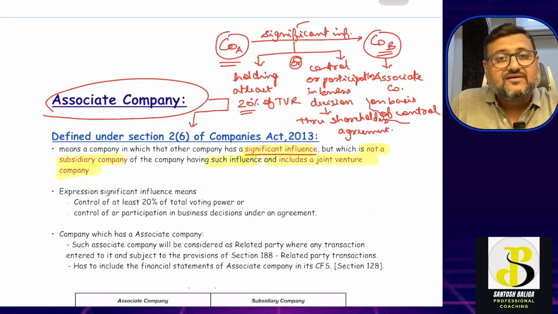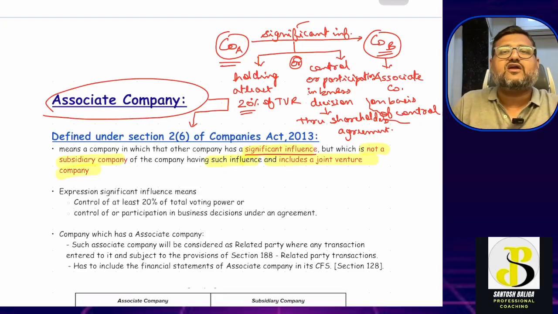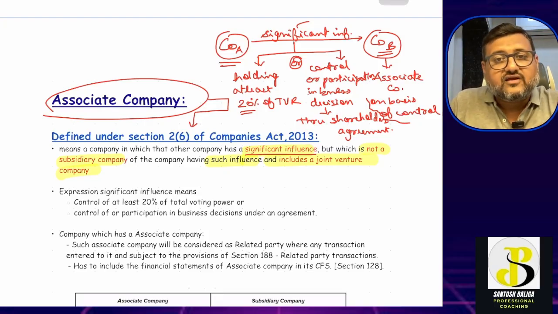So the second point, I will repeat it once again: company A has a right to participate in the business decisions. So it can have a say in the board meetings, it can have a say in the meetings of the company, it can have a say in the resolutions of the company, and if that say is significant, then it will be called a significant influence that company A has over company B. Now you would ask, how would it have the right to participate in the business decisions of company B?